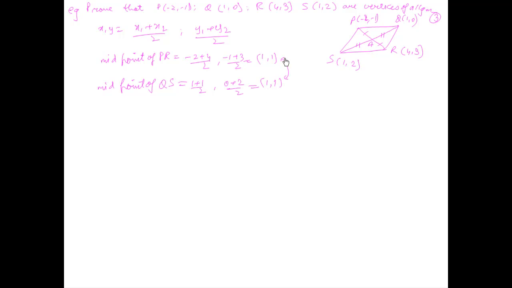Since these two coordinates are the same, we can say PR and QS bisect each other. Therefore, quadrilateral PQRS is a parallelogram since the diagonals bisect each other.